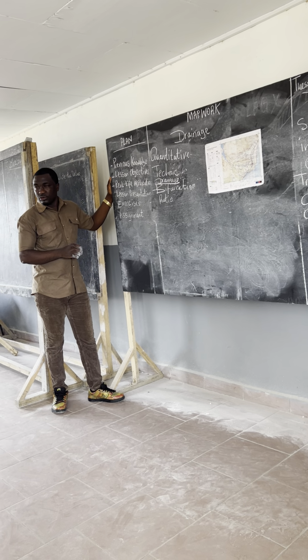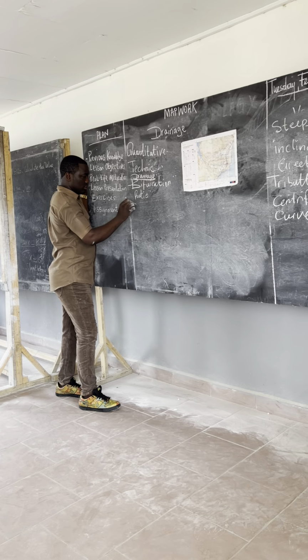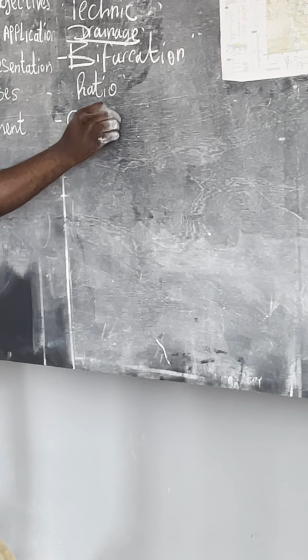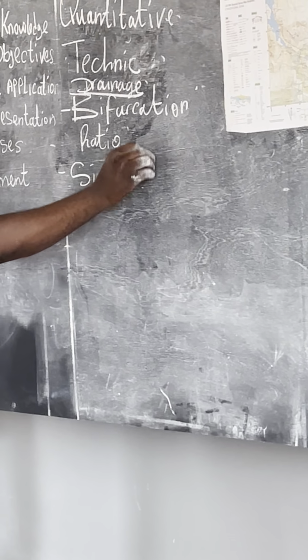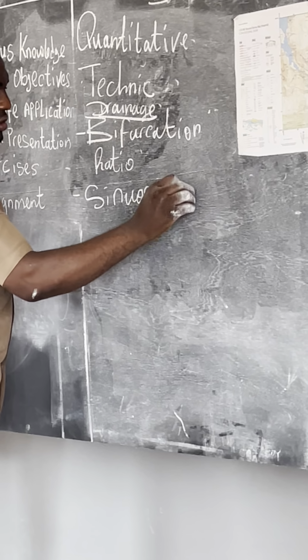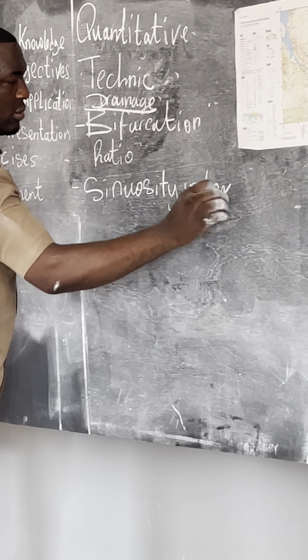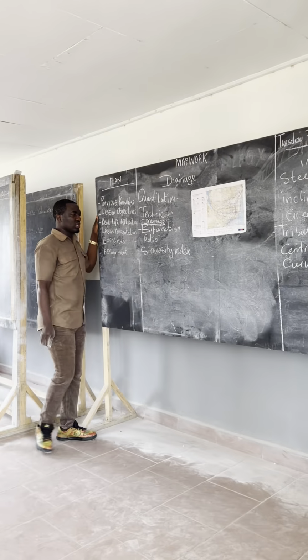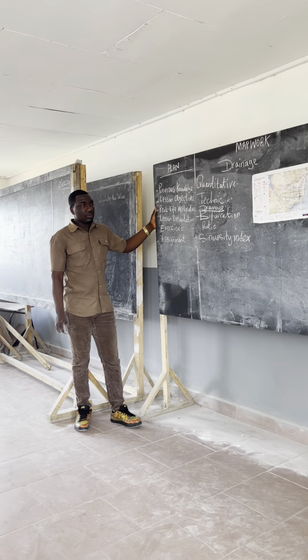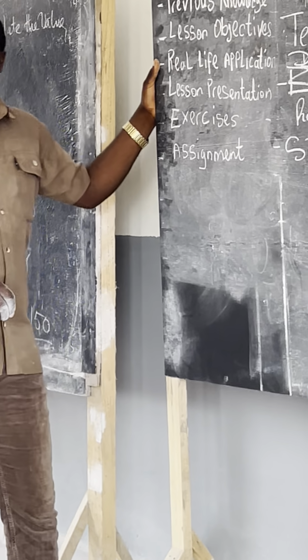Bifurcation ratio. We have sinuosity index. That's all about drainage.